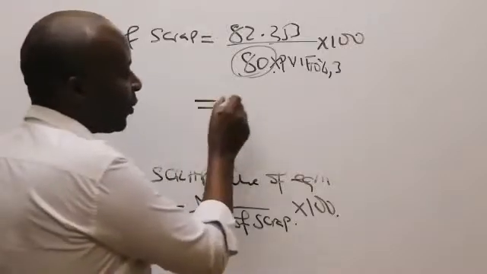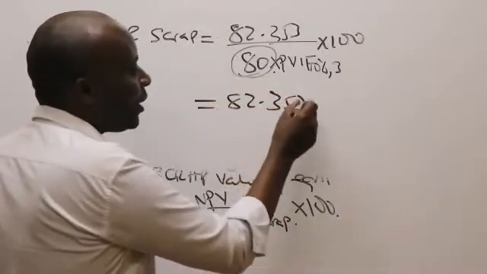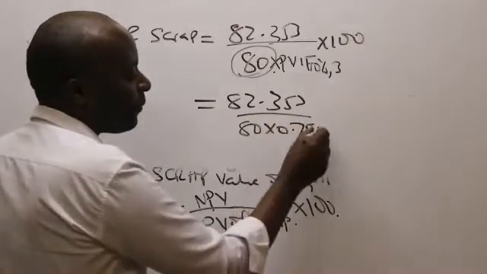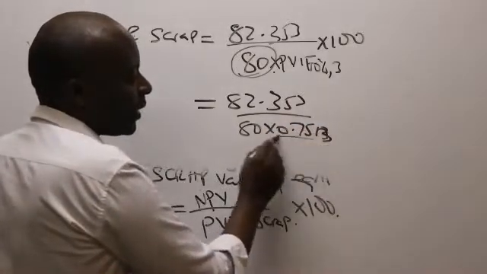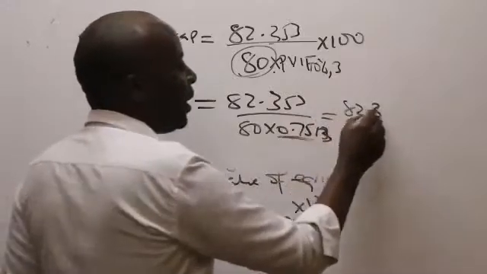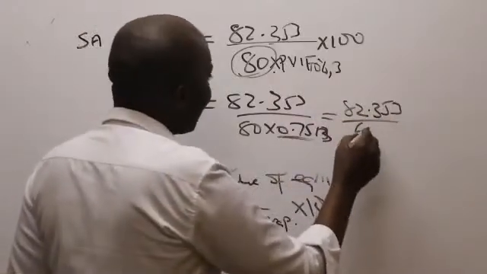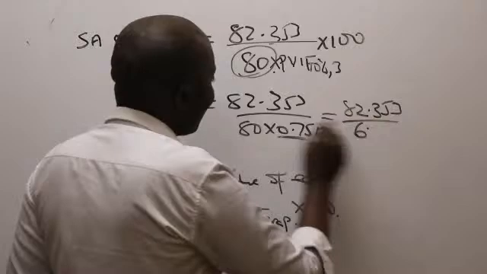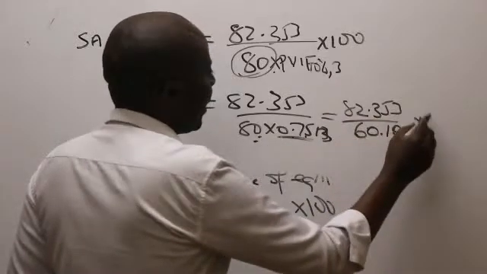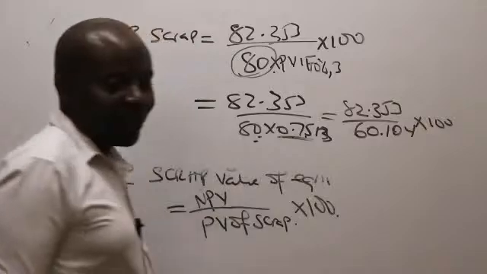After you discount, it is 82.353 over 80 times 0.7513, which is 60.104, times 100.